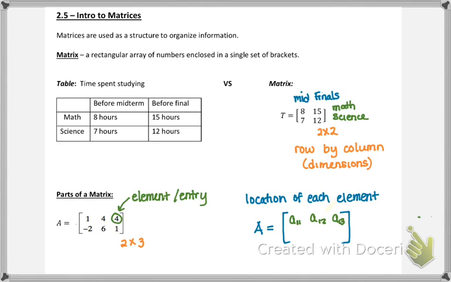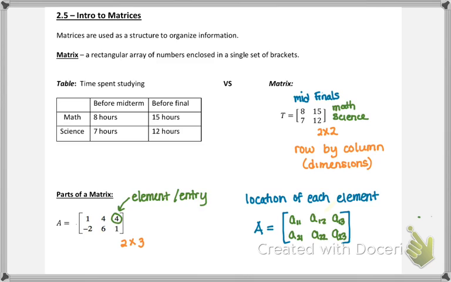Okay, moving on to the 2nd row, negative 2, the location of the negative 2 is A sub 2, 1, 2nd row, 1st column. The location of 6 is at A sub 2, 2, 2nd row, 2nd column, and A sub 2, 3, 2nd row, 3rd column. So it's just the location of each element.